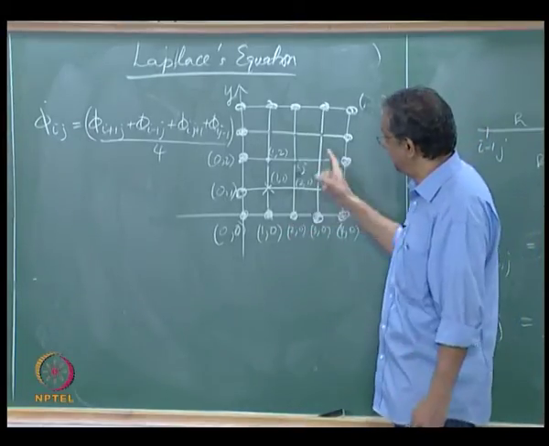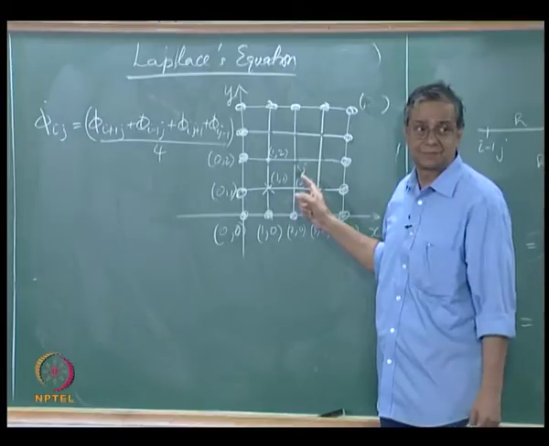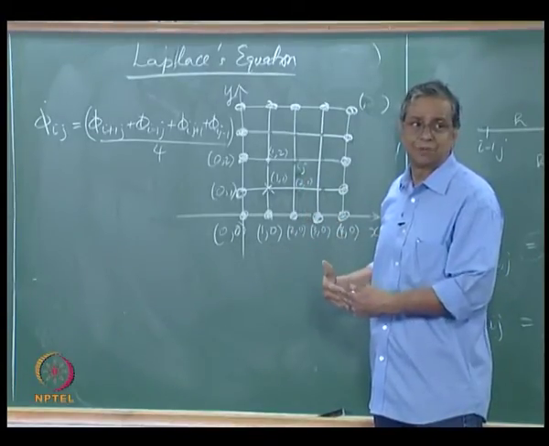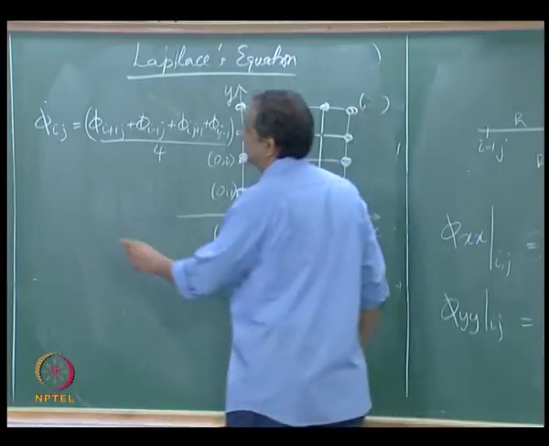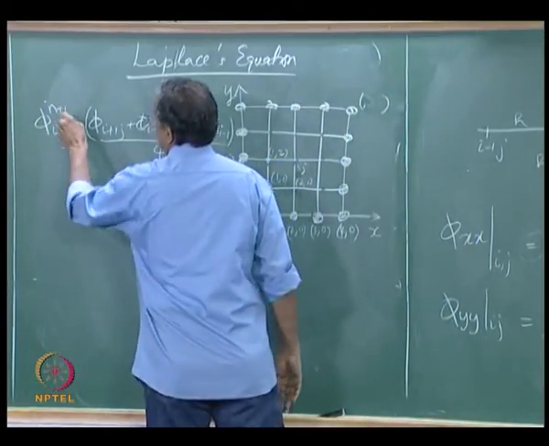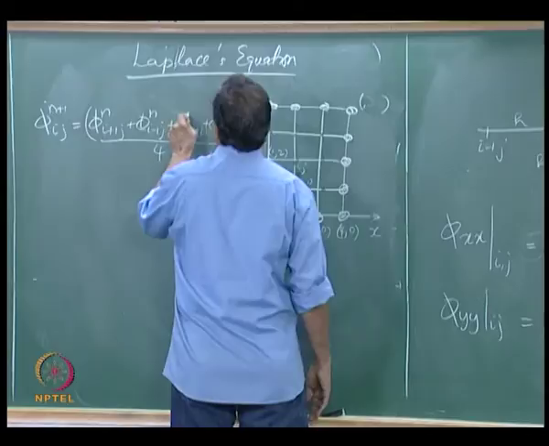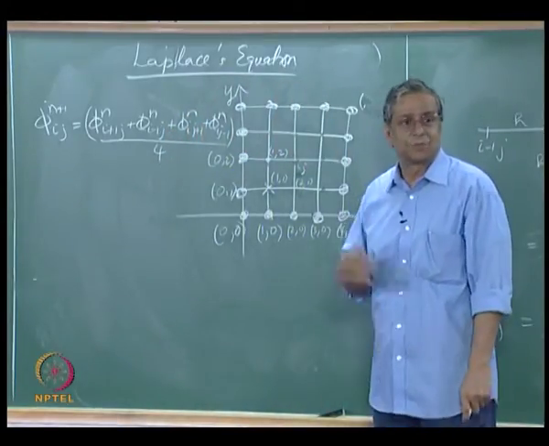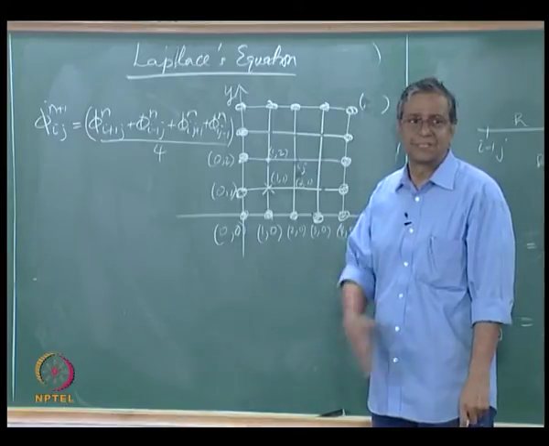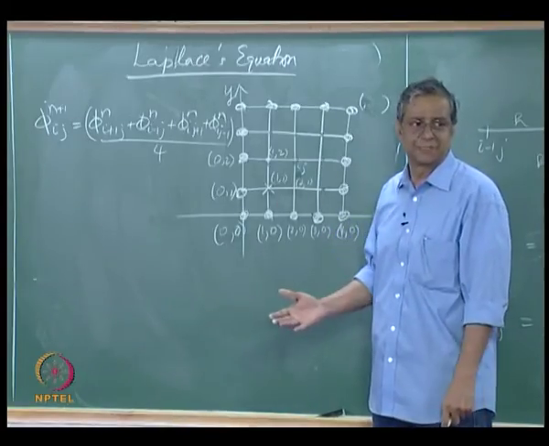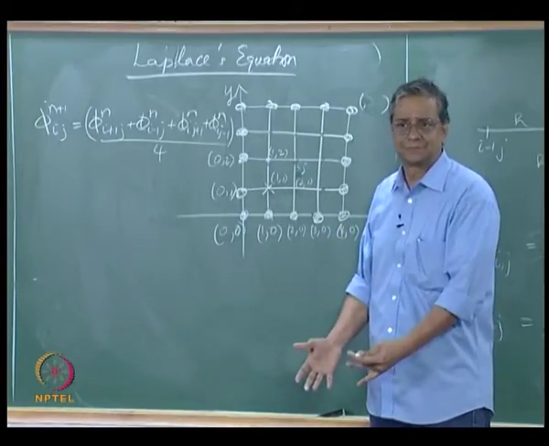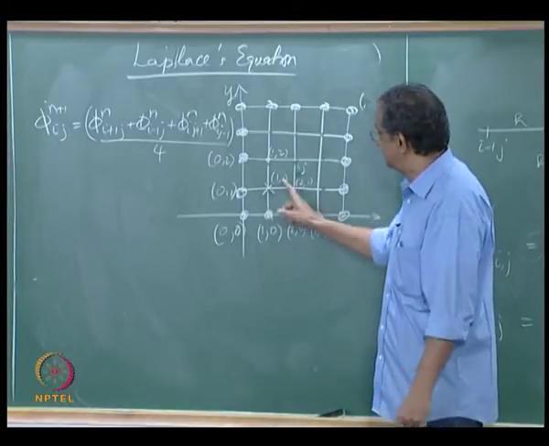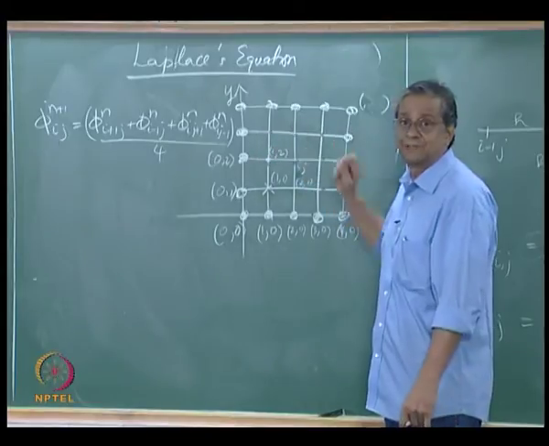So if you keep repeating this process for all the interior points, as time progresses we hope that the phi ij's evolve, that you are generating a sequence of phi ij's, n equals 1, n equals 2, n equals 3, n equals 4, and you hope that sequence converges. If that sequence converges you will have a set of phi values at every grid point.